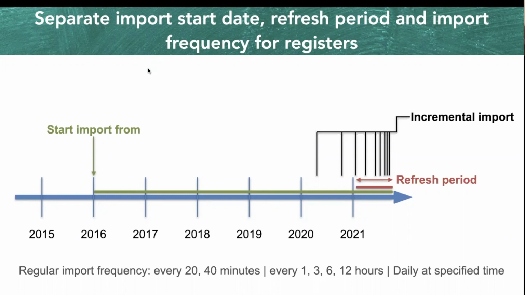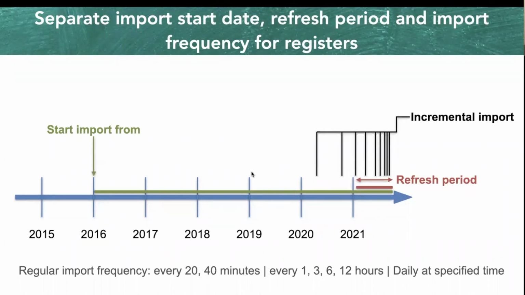Sometimes the imports run too long, and the imports become less frequent. There are some niche cases where this can be useful, where you could lower, for example, the start import from parameter. So maybe you want only 2019. So this is the first parameter.